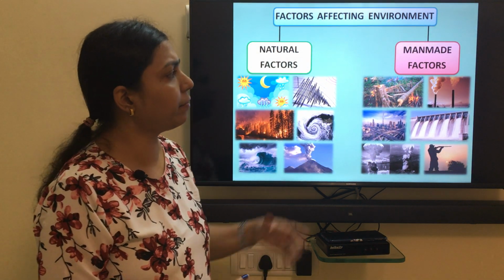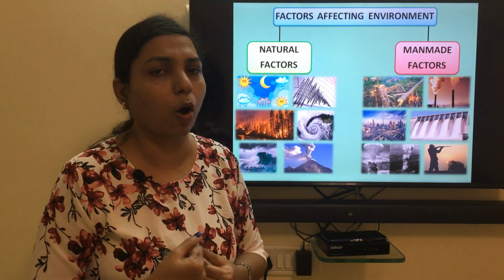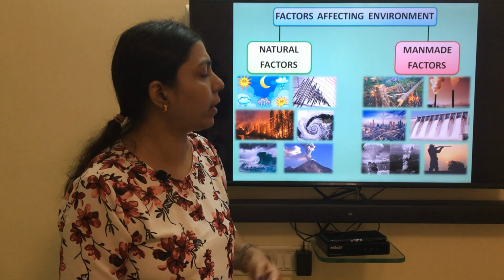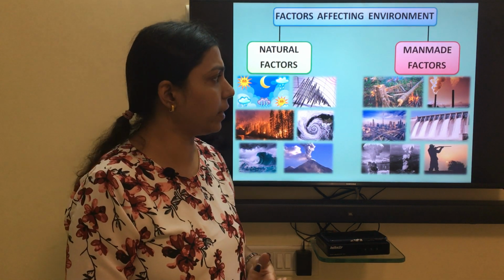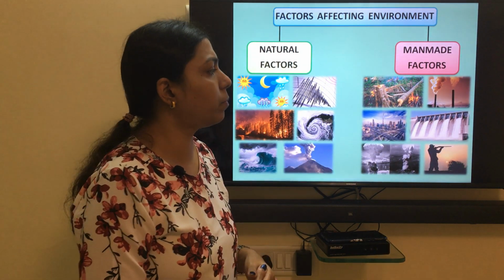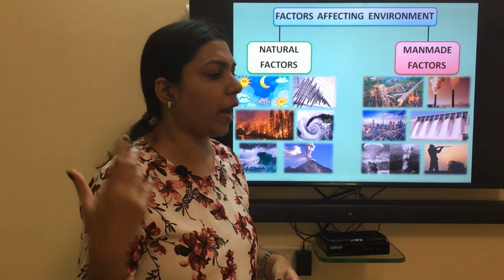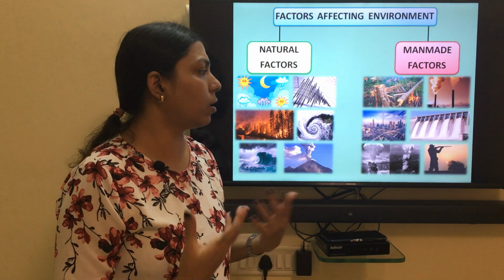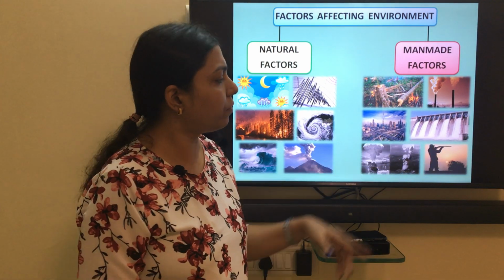But on the other hand, we have some factors which are man-made and we have total control on these factors. What are they? Deforestation, unnecessary cutting down of trees, pollution being caused by industries, building of new roads, building of new highways, building of new different types of things by cutting down of forests, building of dams.